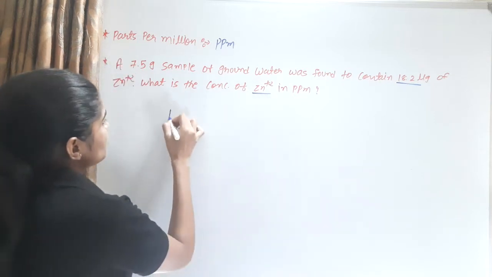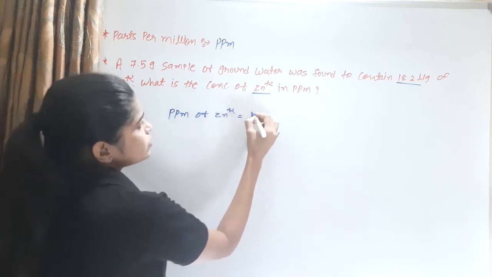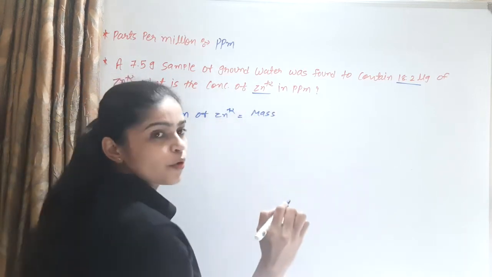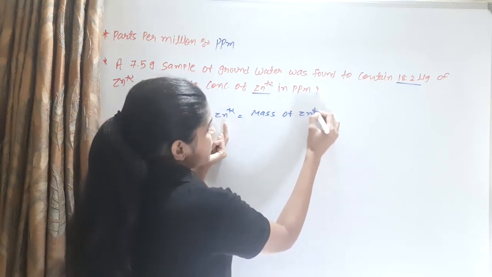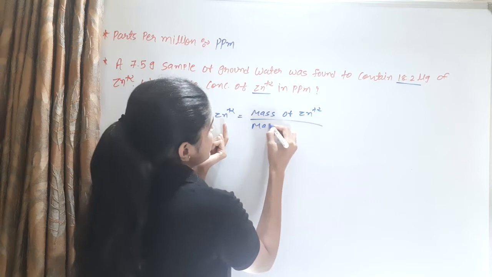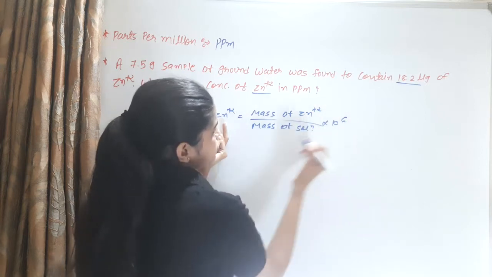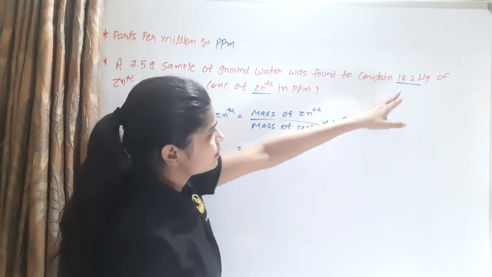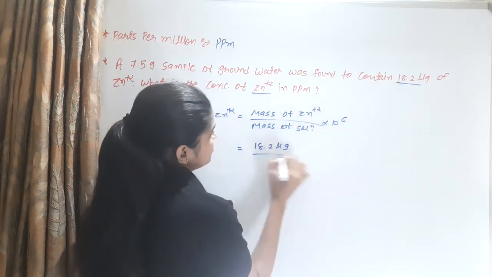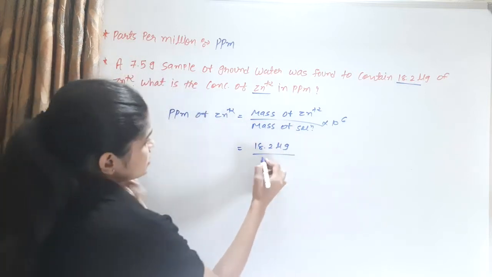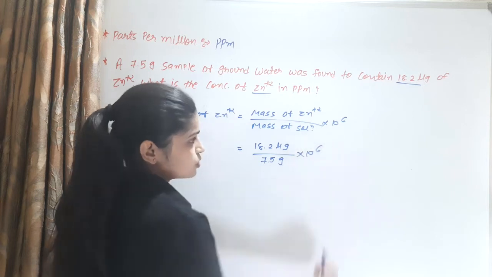The ppm of Zn plus 2 is equal to the mass of component, so the mass of Zn plus 2, divided by the mass of solution, multiplied with 10 raised to 6. The mass of Zn plus 2 given is 18.2 microgram and the mass of solution is 7.5 gram, multiplied with 10 raised to 6.